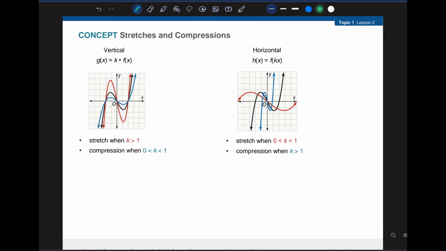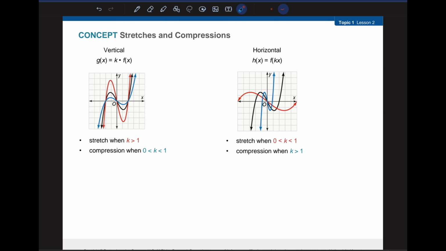Now, just to reiterate what we have here, if we have a vertical stretch or compression, that's when I take a number and multiply it times my entire function, or the y value. If that number is bigger than 1, it's going to be a stretch. If that number is between 0 and 1, it will be a compression.